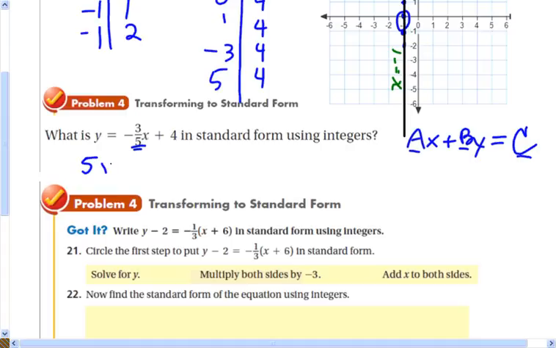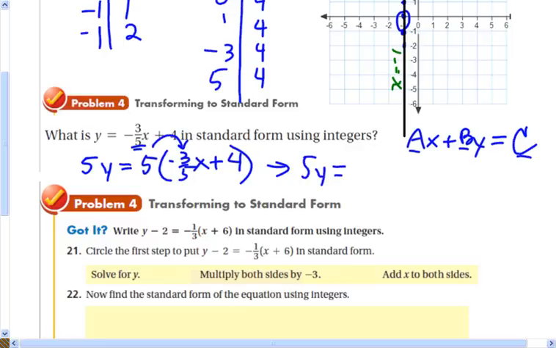So I'm going to multiply 5 times y, and I'm going to multiply 5 times negative 3/5 x plus 4. And when I do that, I'm going to get, using the distributive property, 5 times negative 3/5, and you can use a calculator if you want to get that, but that's equal to negative 3x.